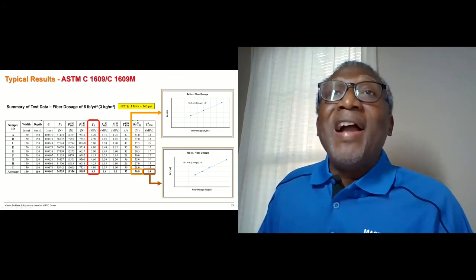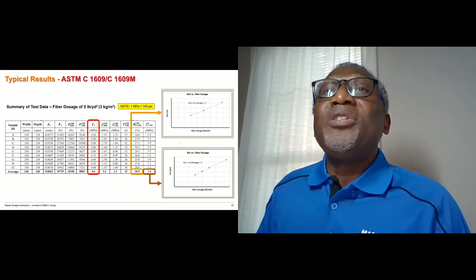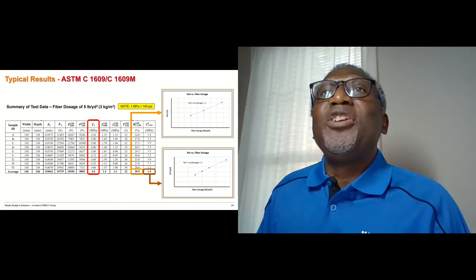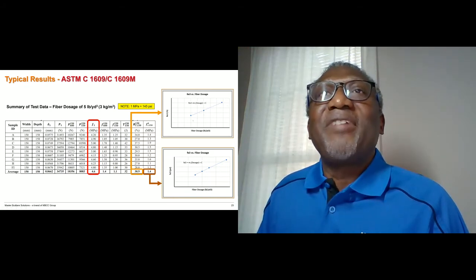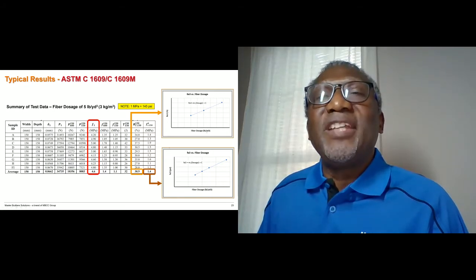Now, remarkably, the dose response is very, very linear. And this is what you normally would find when you test fiber reinforced concrete at different dosages, in terms of the response between the RE3 or the FE3 and dosage.